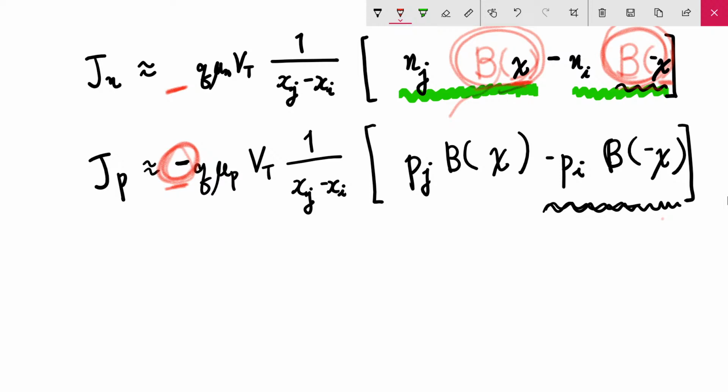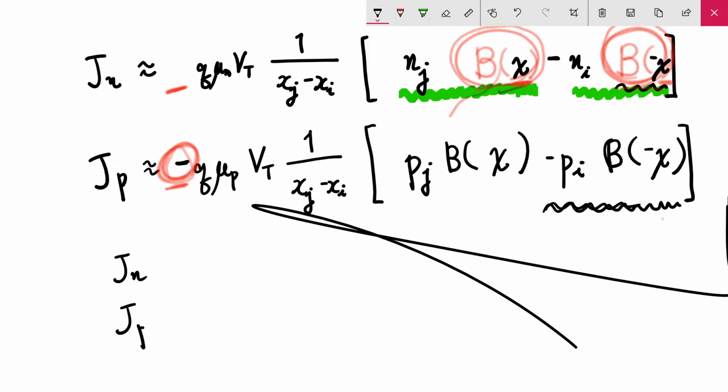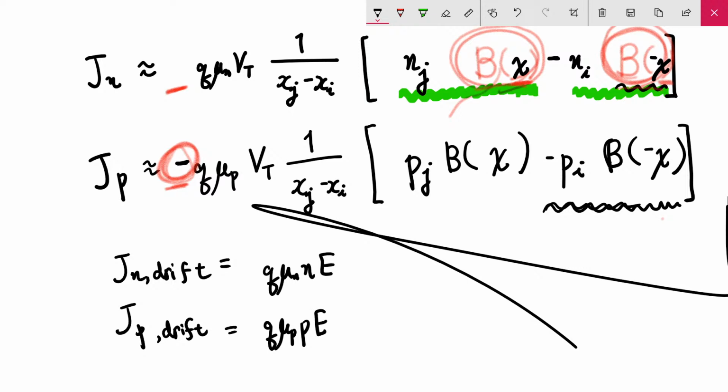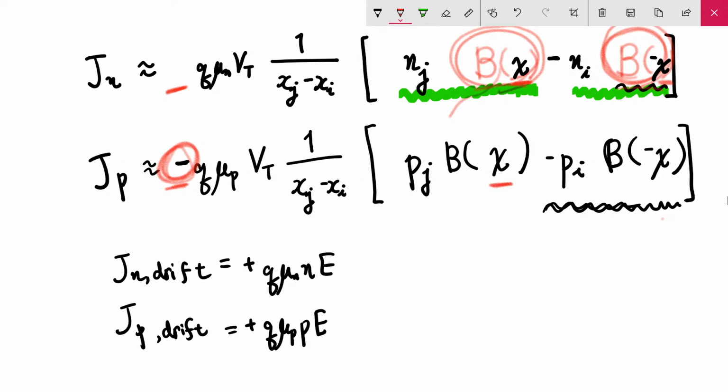But if you remember correctly, the drift term of Jn or the drift term of Jp, they look like q mu n n E and also q mu p p E. They have the same sign. So if we just introduce such a construction, then it leads us the wrong way.